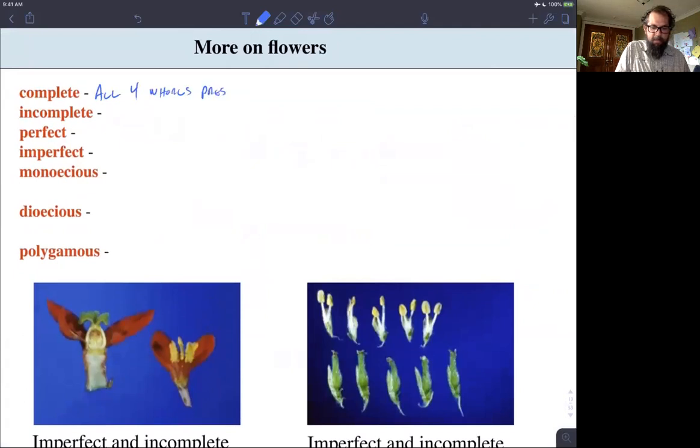So that means we have sepals, we have petals, we have stamens, and we have a gynecium, some pistil or carpels, all in the same flower. That's a complete flower. So an incomplete flower is one or more of those whorls missing.